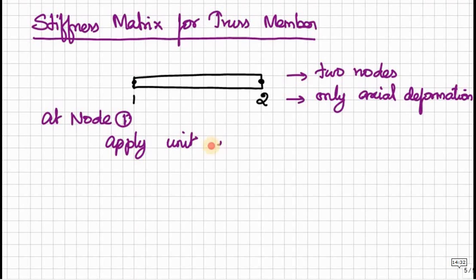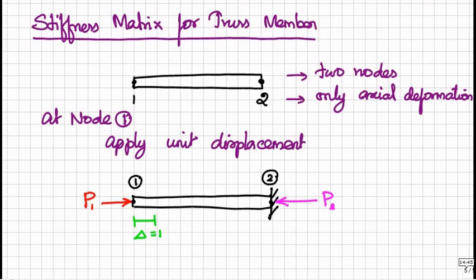See, now, so this is the diagram. At node 1, we have to make a unit displacement. So to make unit displacement, we have to apply some compressive force at node 1.